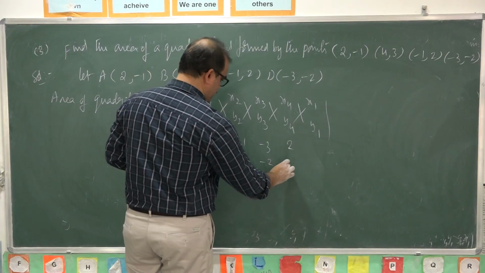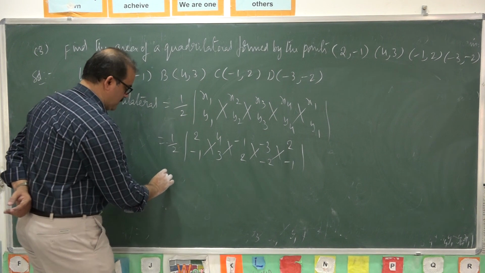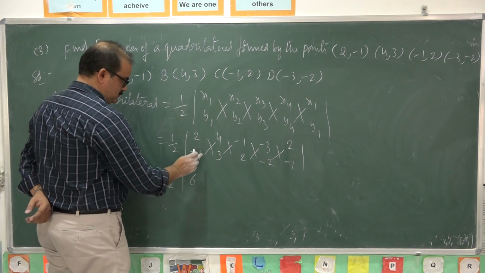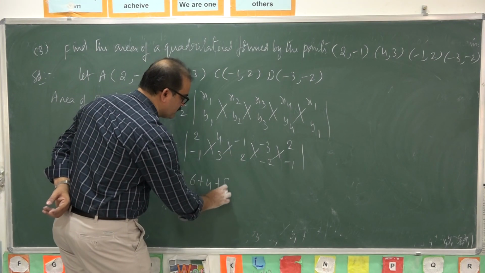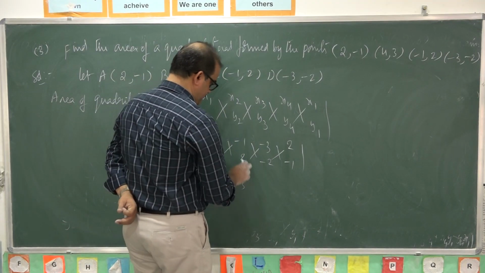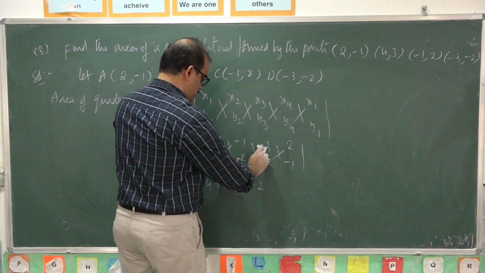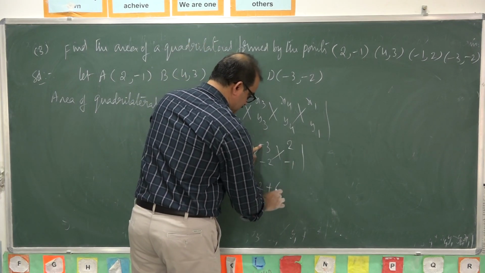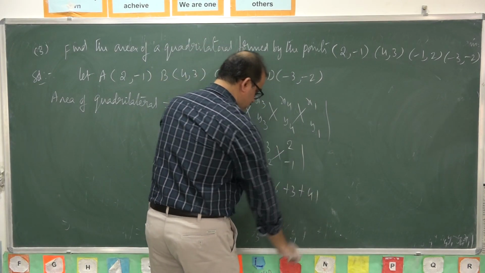Again you write x1 y1. 2 into 3, 6, plus 4 into 2, 8, minus of minus 1 plus 3, minus 1 into minus 2, 2, minus of minus 6 plus 6, minus 3 into minus 1, 3, minus of minus 4 plus 4.